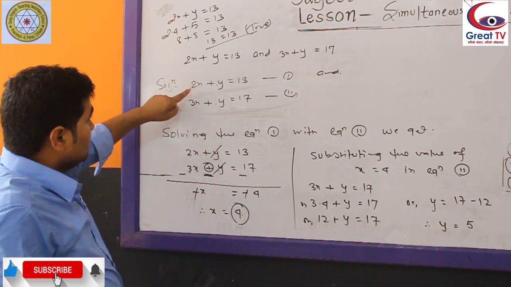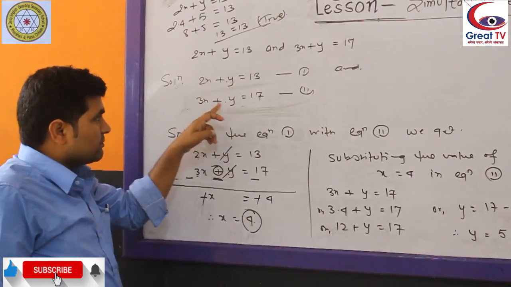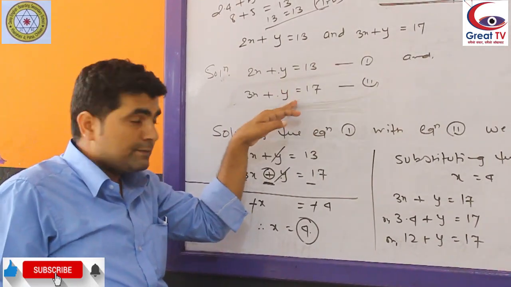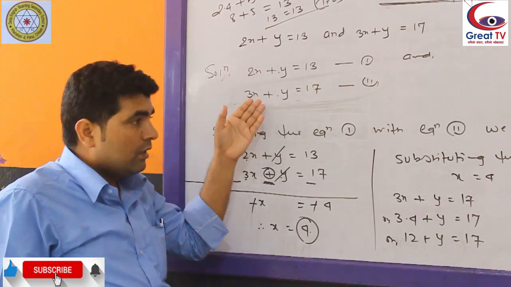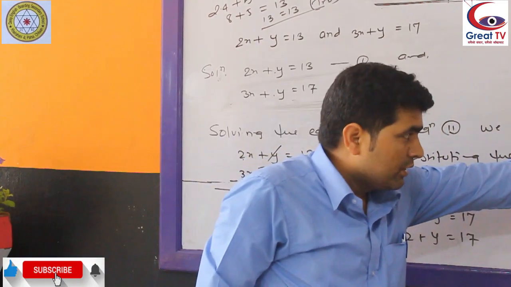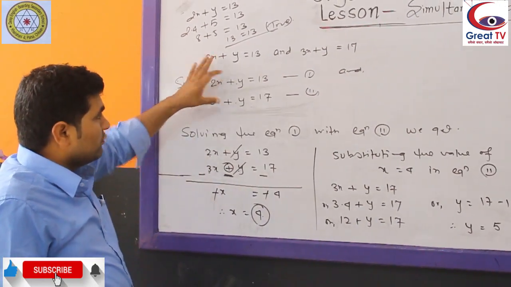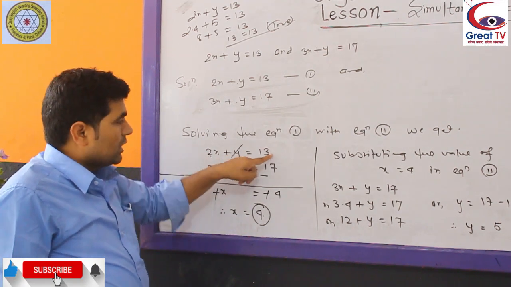Once more, 2x plus y equal to 13, 3x plus y equal to 17. These two are simultaneous equations already given in the question. Now, how do we find the value of one variable? I'm going to use the elimination method. Here 2x plus y equal to 13.